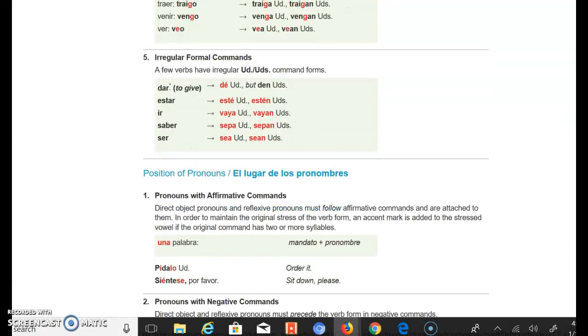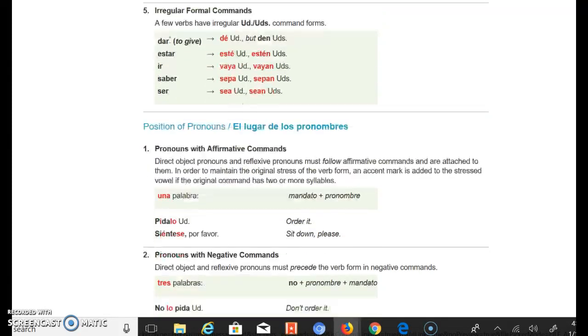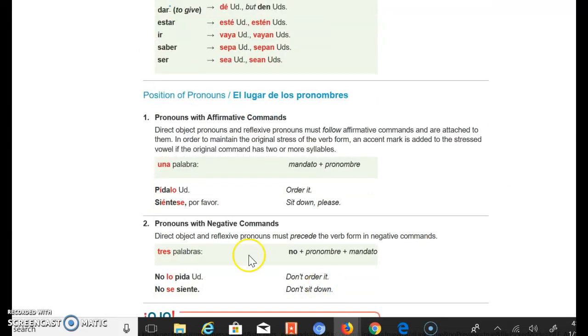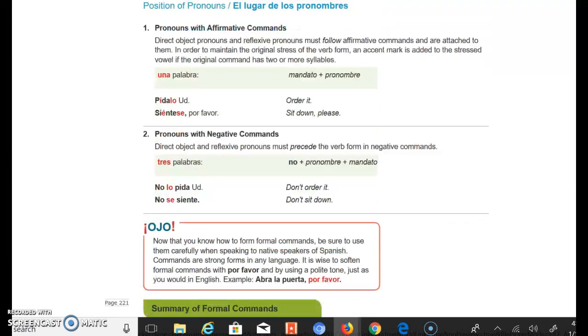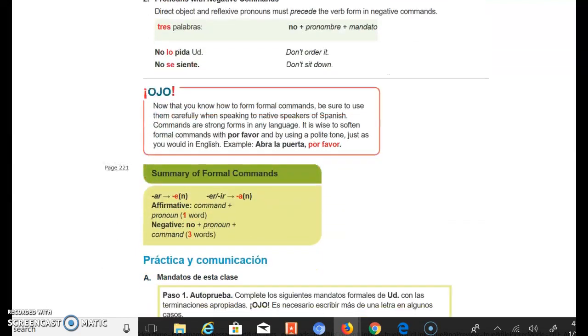And then where you put these, they go attached to a positive command. Pídalo, siéntese. And then if it's a negative command, the object pronouns go before the negative command. No lo pida, no se siente, don't sit down. The se is a reflexive pronoun, actually.